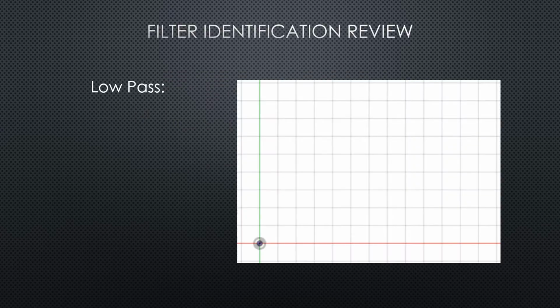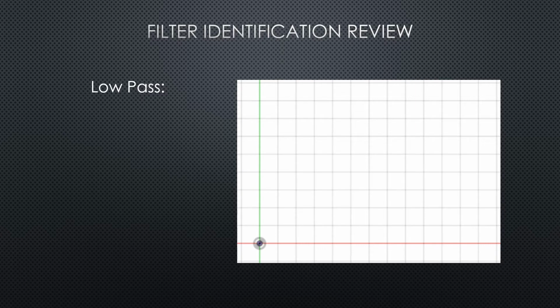Okay, so filter identification. Let's first start off by thinking of the filters in terms of their outputs and a graphical analysis. Similar to a Bode plot, we're going to look at the characteristics graphically, and let's start with a low pass.